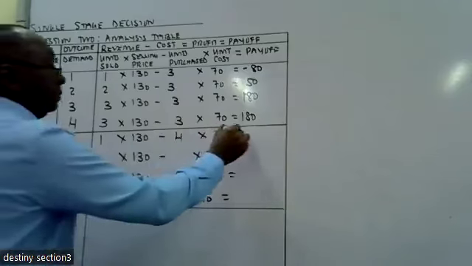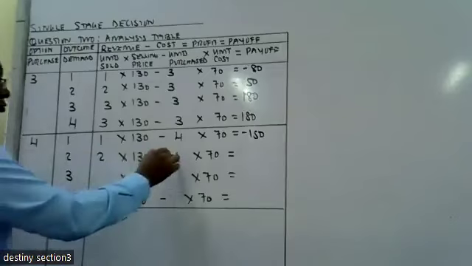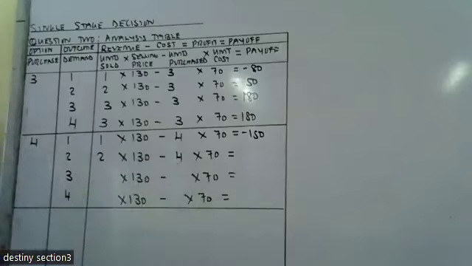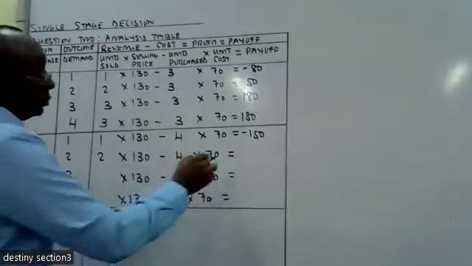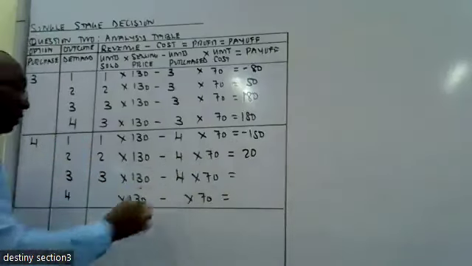Negative 150. You sell 2 here because demand is 2 and you have bought 4. 20. You sell 3 because you have bought 4.